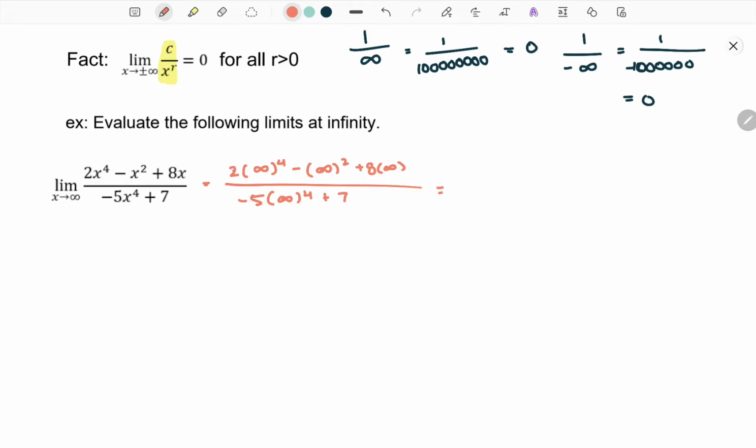We can only assume that infinity to the power of 4 gets even bigger, multiplied by 2 even bigger. I have an infinity. I'm subtracting an infinity from that. I'm adding 8 times infinity, which is still just that. I get a negative infinity on the bottom because I'm multiplying by negative 5. Plus a 7, which really is pretty arbitrary, is just going to include that infinity.